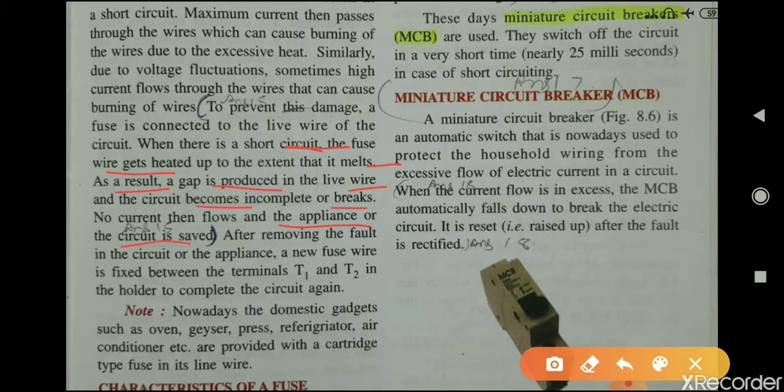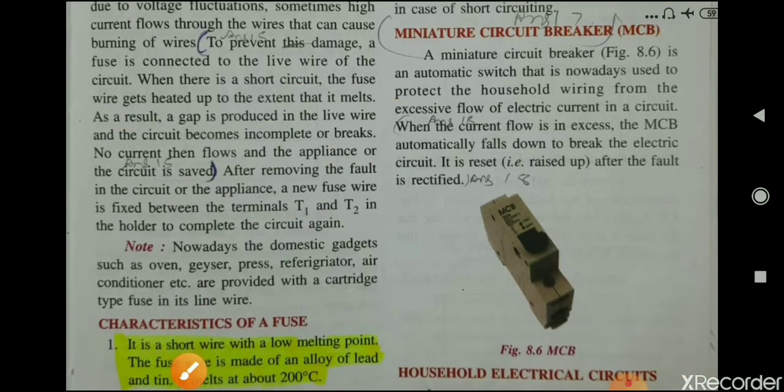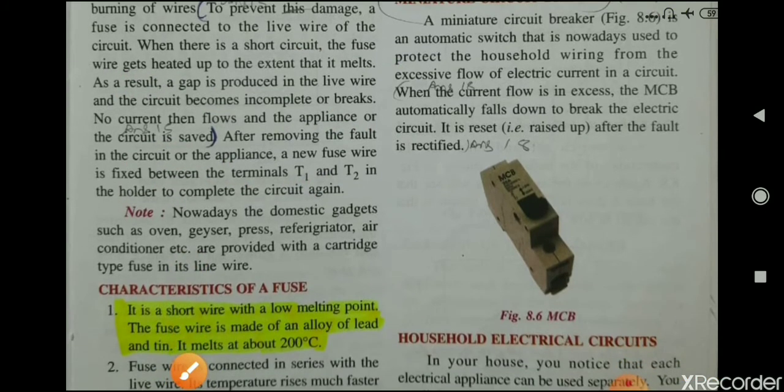After removing the fault in the circuit or the appliance, a fuse wire is fixed between the terminals T1 and T2 in the holder to complete the circuit again. So if an excess amount of current flows in the circuit, then the fuse wire melts down and breaks the circuit, and this is how electrical appliances can be saved from damage.